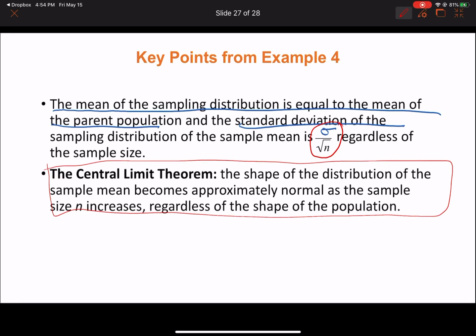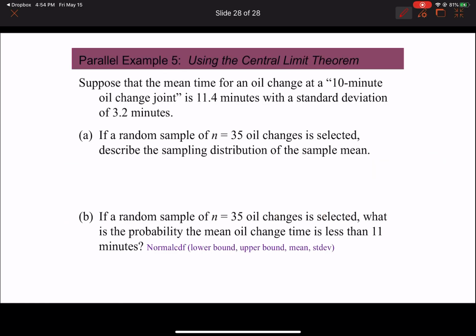Okay, we have one more problem, and I want you to try this one on your own from the beginning. Suppose that the mean time for an oil change at a 10-minute oil change is 11.4 minutes with a standard deviation of 3.2 minutes. If a random sample of n equals 35 oil changes is selected, describe the sampling distribution of the mean.